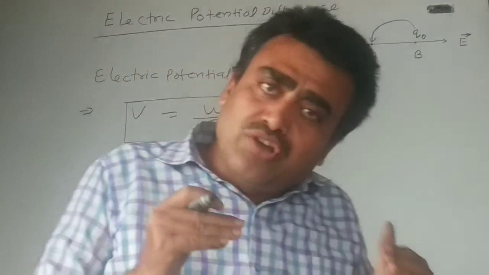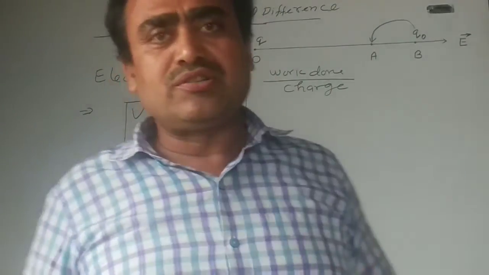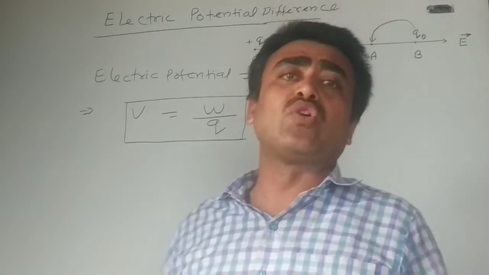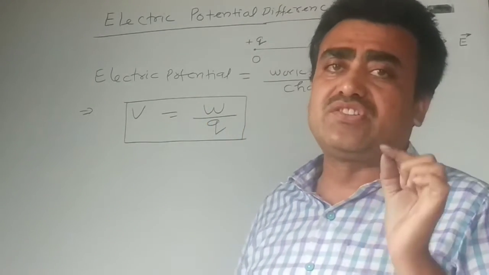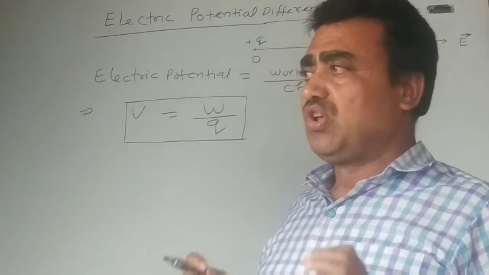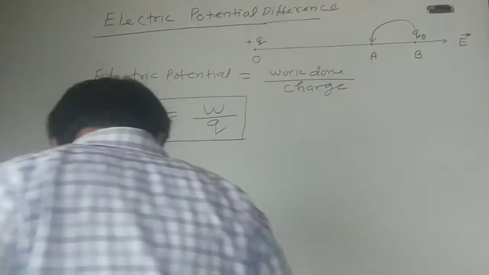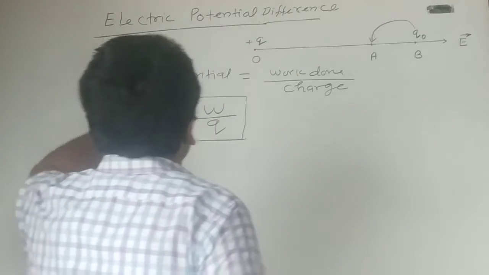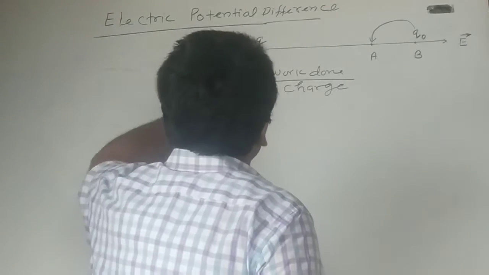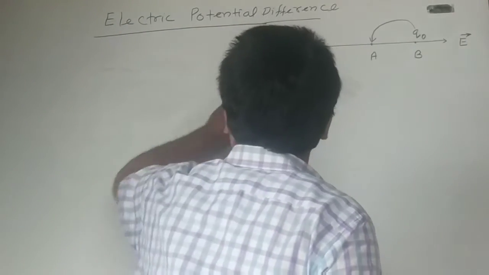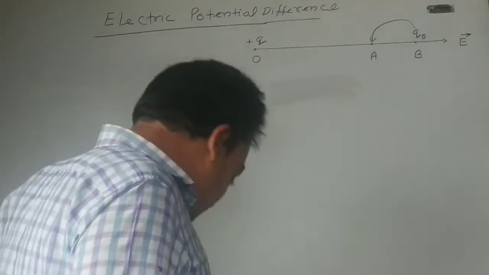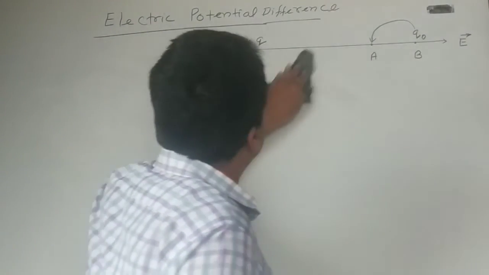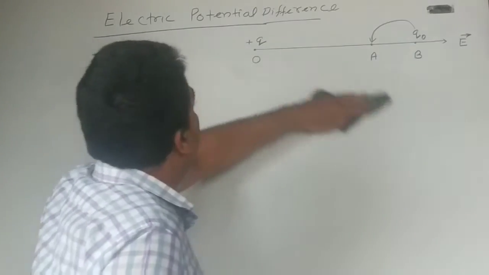Now I am going to discuss electric potential difference. Commonly it is known as potential difference and denoted by PD. Electric potential difference is also a type of electric potential.